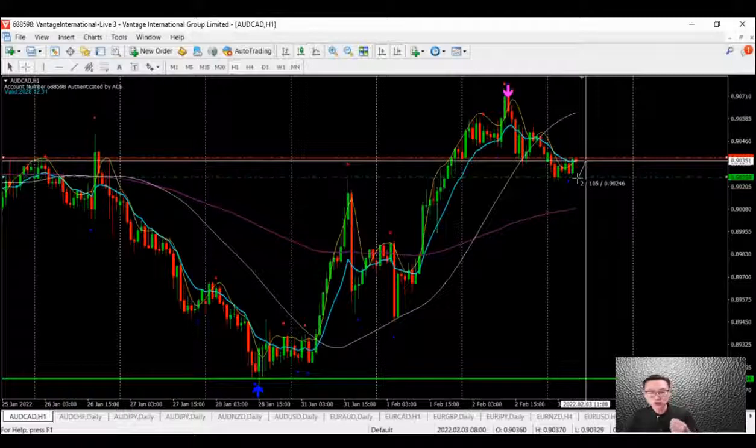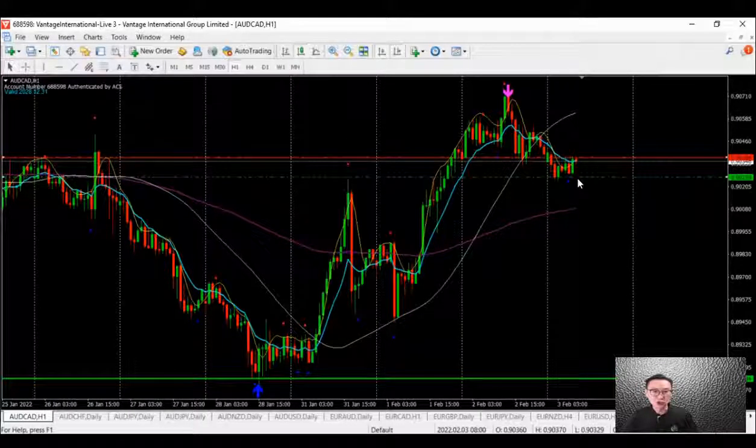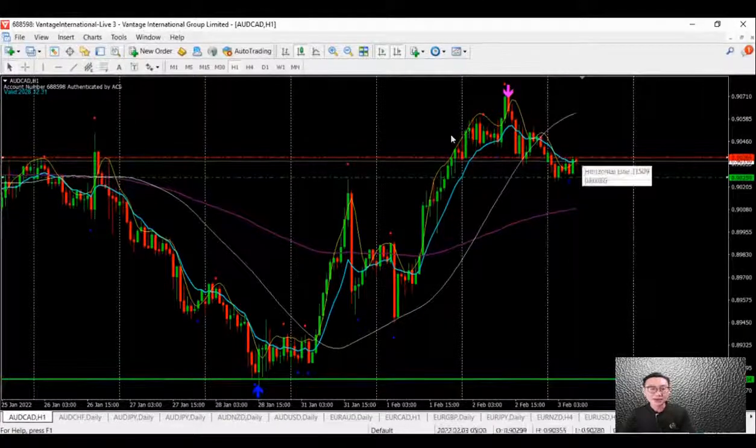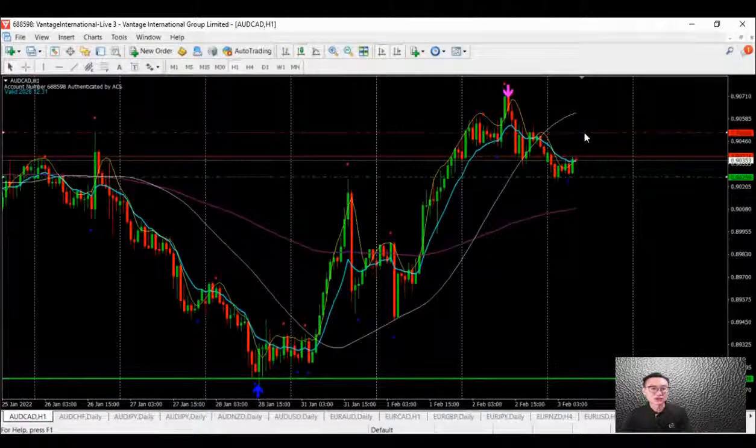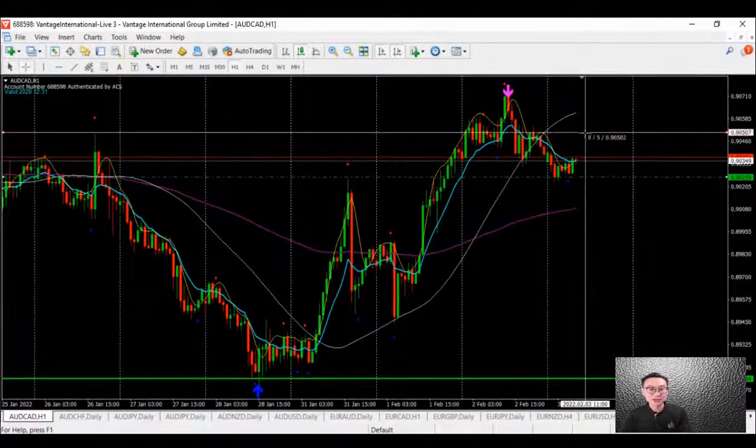Even if I want to scalp for 5 pips, it may not be so easy. So what to do? Let's wait, with two alternatives. One, if it breaks the resistance up here, let's wait for the next higher resistance that creates a bigger space, which is 26 pips, and then you can consider a scalp here.